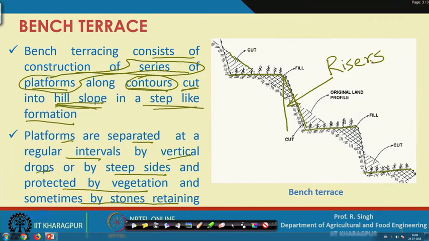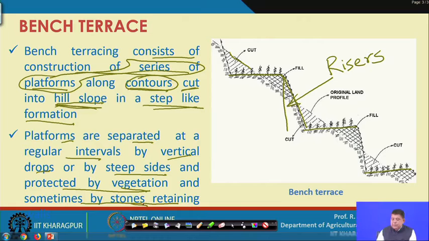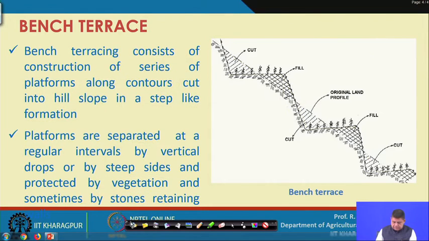These are vertical drops, and they can be vertical or they could be having some slope, and if there is a slope, then typically they are protected by vegetation or some kind of stone chipping, so as to avoid any kind of erosion that might occur if water falls from the upper platform to the lower platform and so on. So, this is what bench terracing is all about.